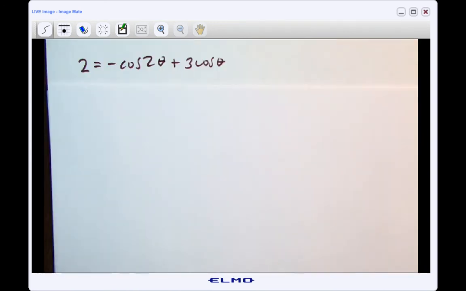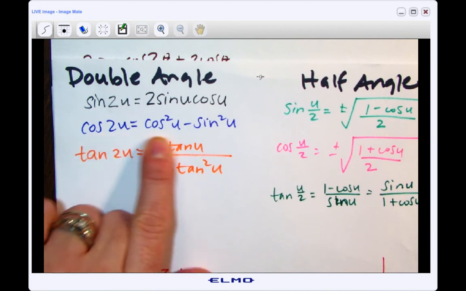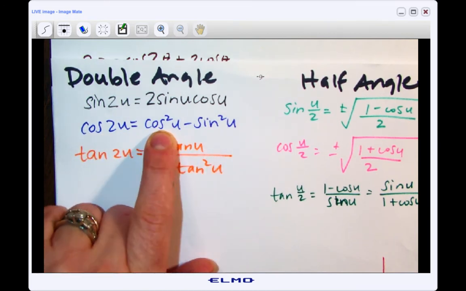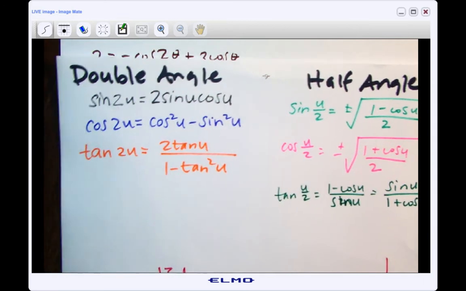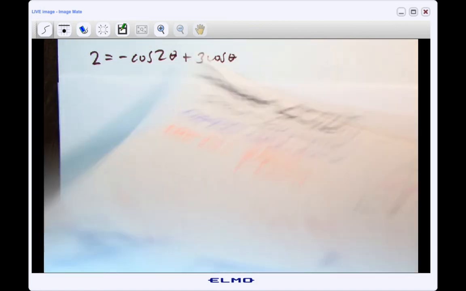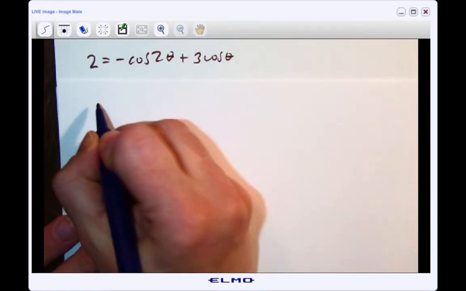And I happen to have mine sitting here. So I'm going to use my double angle formula. I can use this one, or you could change this to all sines and all cosines or whatever you like. I almost always just do this one first and then change it the way that I want afterwards, because that's the one that I always remember.